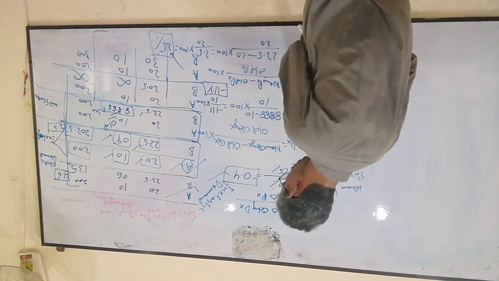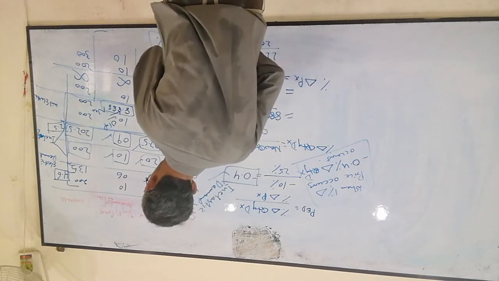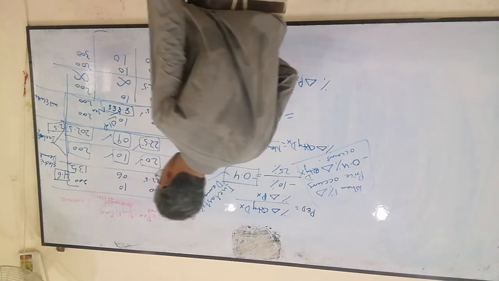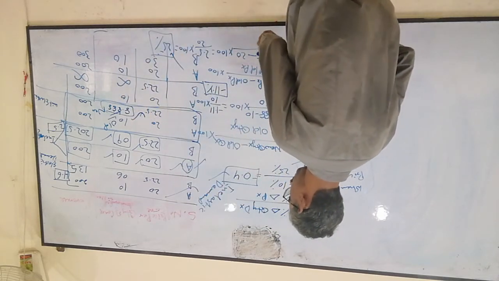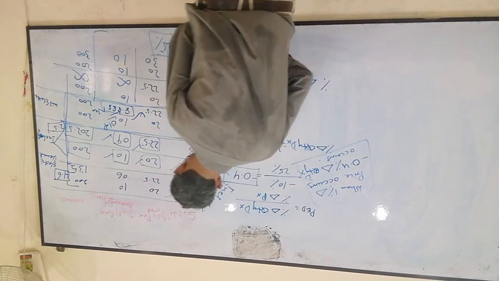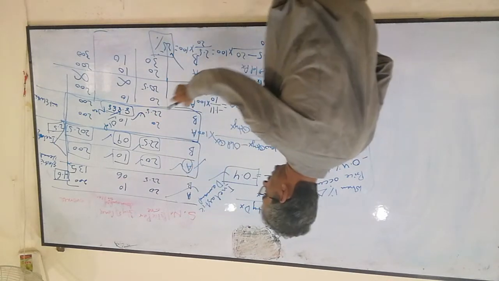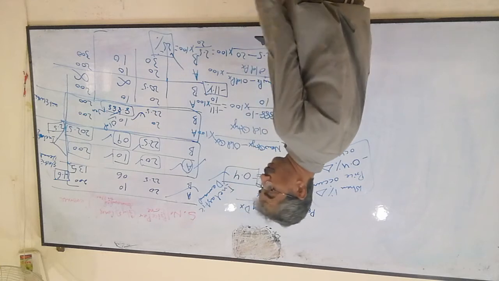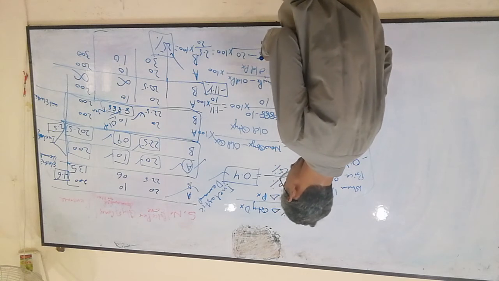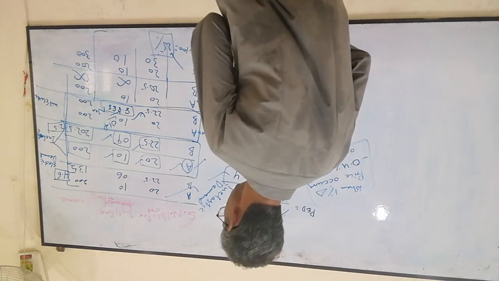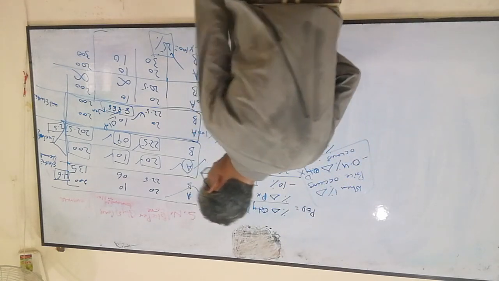Now for the percentage change in price, the new price is 22.5 and the old price is 20. 22.5 minus 20, divided by the old price, into 100, will give you the same 25%.